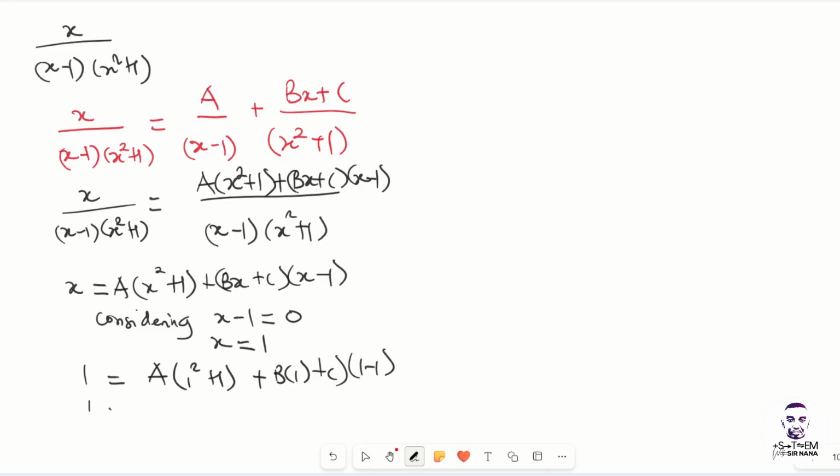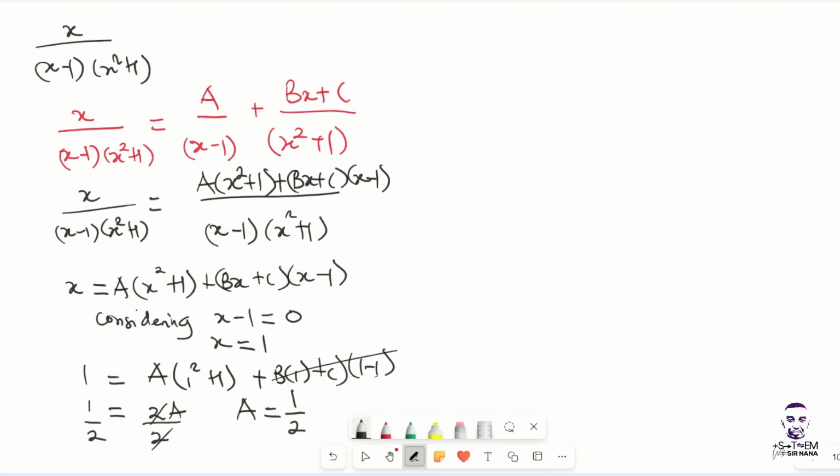So we will have 1 equal to 1 squared plus 1, which is 2, so 2a. The 1 minus 1 goes to 0, so the b part goes to 0. So we are going to divide both sides by the coefficient of a, which is 2, and that implies that our a will be equal to 1 over 2. So when we consider it very carefully, we don't have any other factor apart from x minus 1, right?